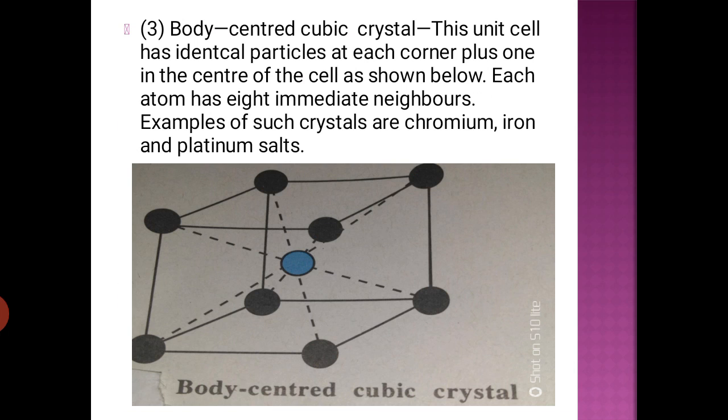Each atom has 8 immediate neighbors. You can see it, body-centered cubic crystal diagram there. Examples of such crystals are chromium, iron, and the platinum salt.